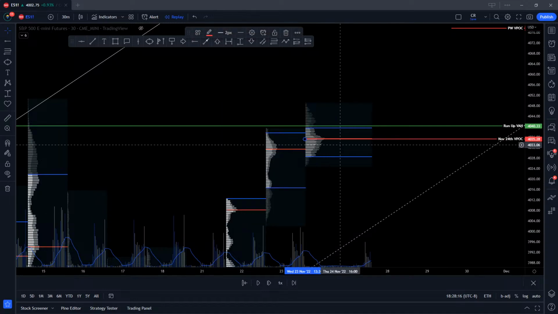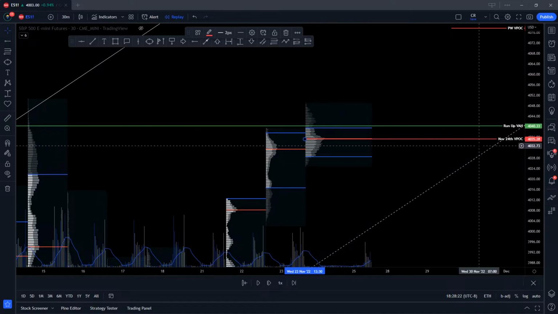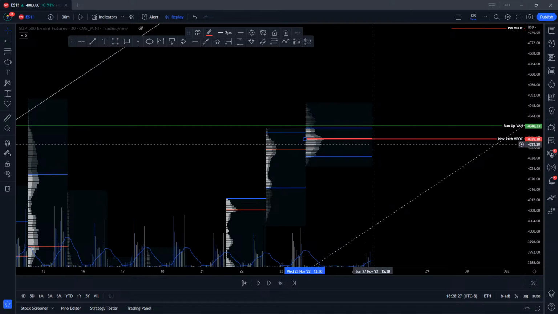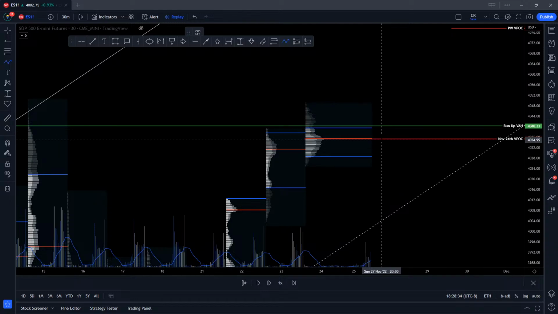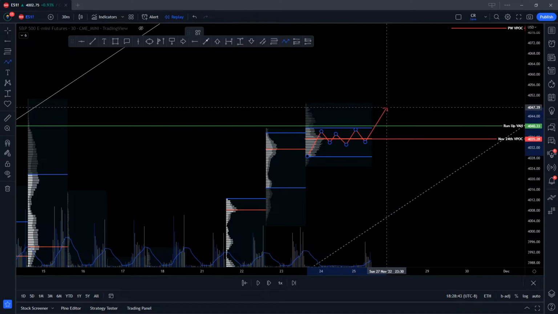Then the distinction between a POC and a VPOC: on the day that a point of control is formed, it's always going to be a virgin point of control. During regular trading hours, extended trading hours and pre-market, this level can be touched as many times as it wants to. But once the market opens and price leaves it, it's a virgin POC.